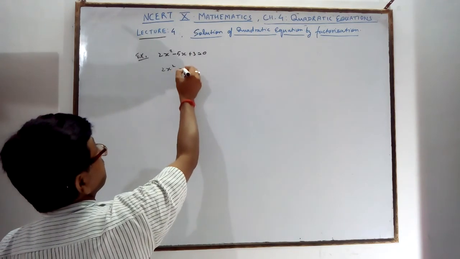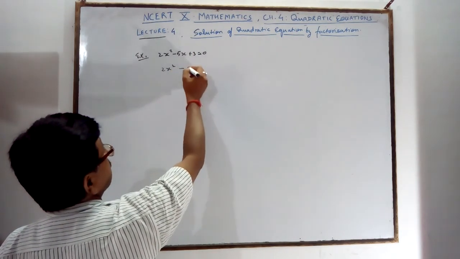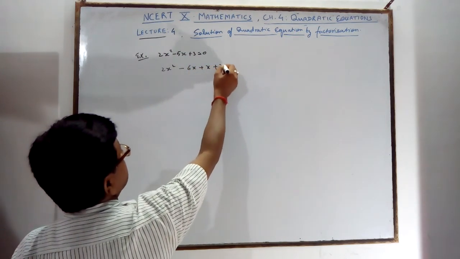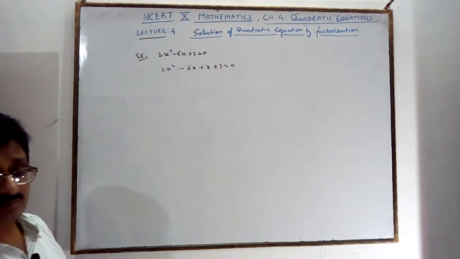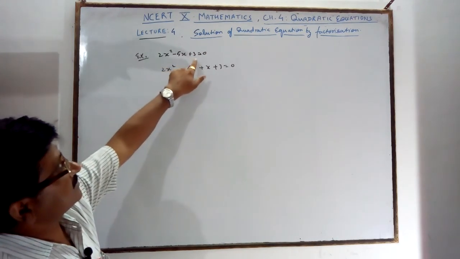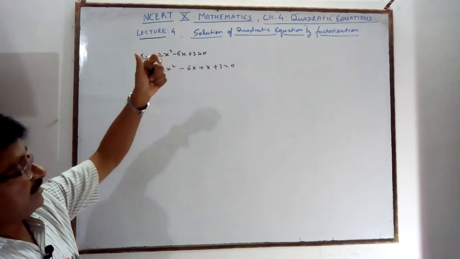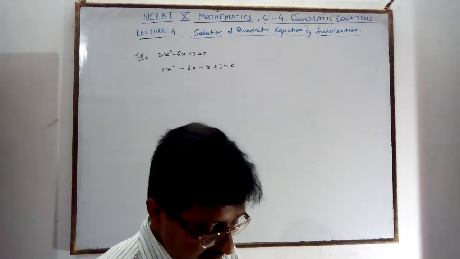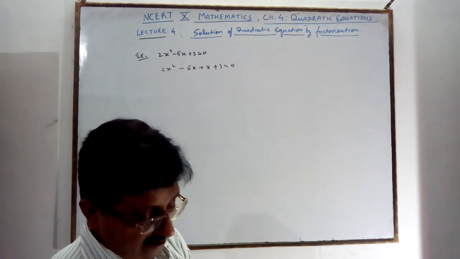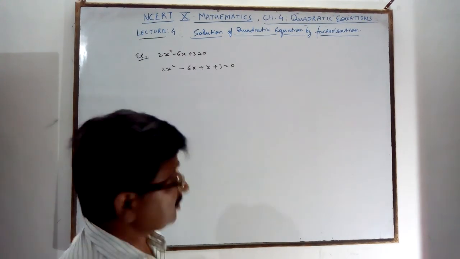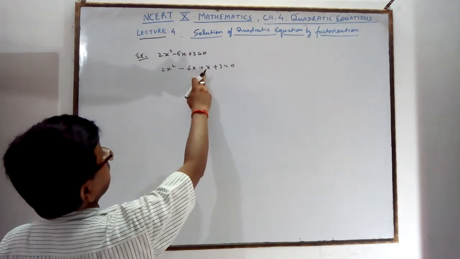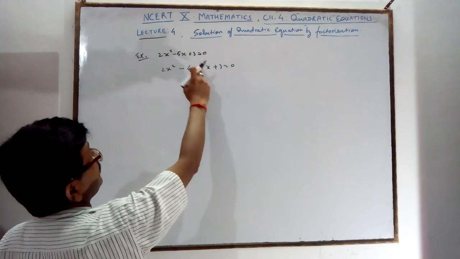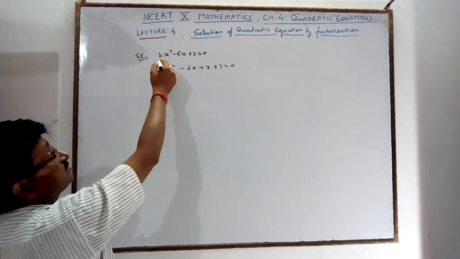But here you will not get it like this. Why is it not correct? Because minus 6 plus 1 gives you minus 5, and minus 6 into plus 1 gives you minus 6. But your result should be 6.